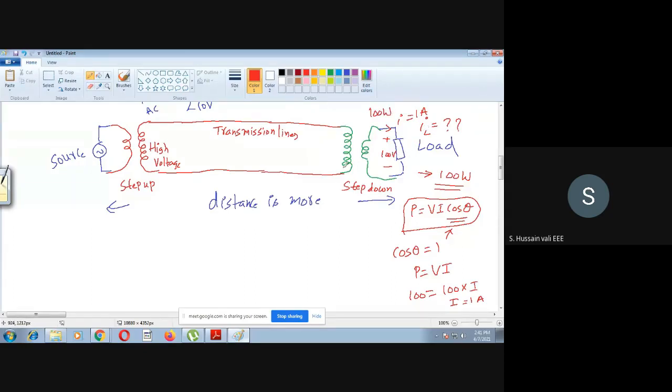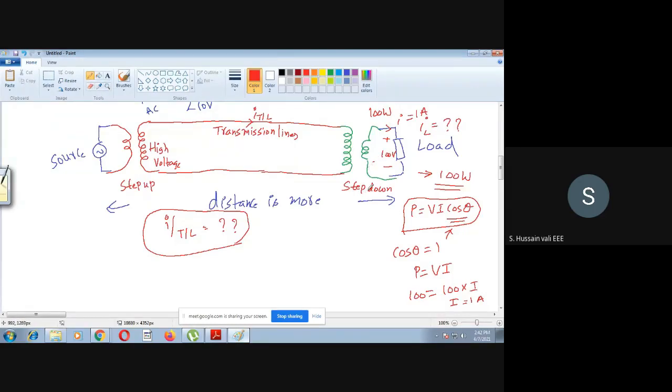Now you see yourself, what is the current flowing in the transmission line? I transmission line is how much? How to calculate that: here the voltage is 100 volt. Now it is a step down transformer.